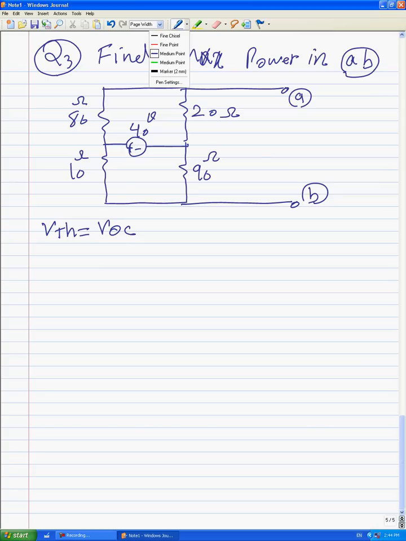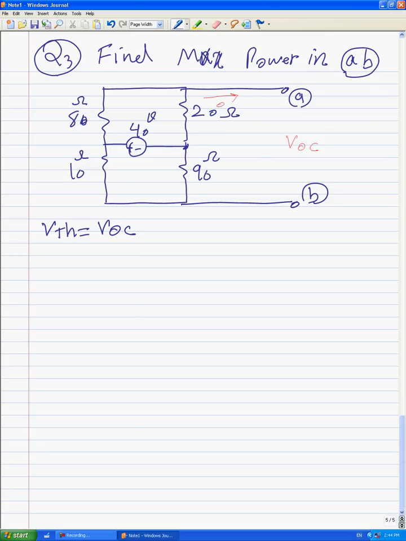In order to find the open circuit voltage here, important note, the current here is 0. That's why we can investigate that 80 and 20 are in series, and we can immediately use the voltage divider rule.